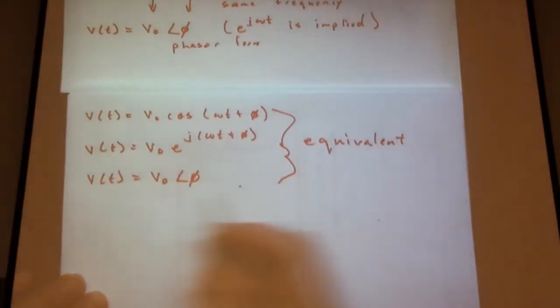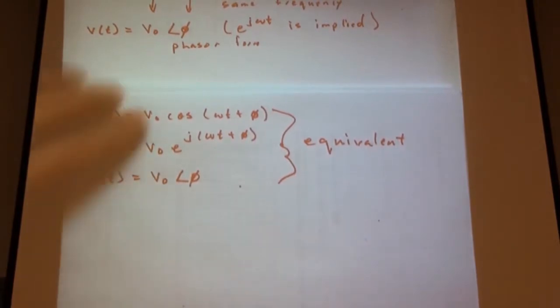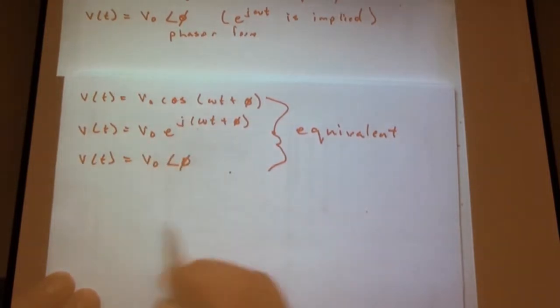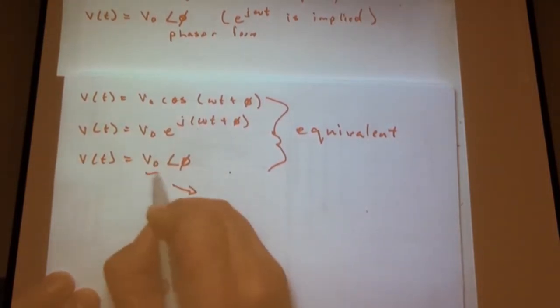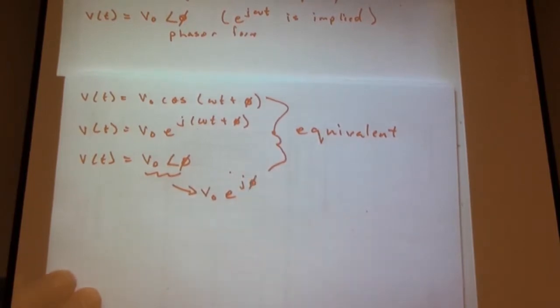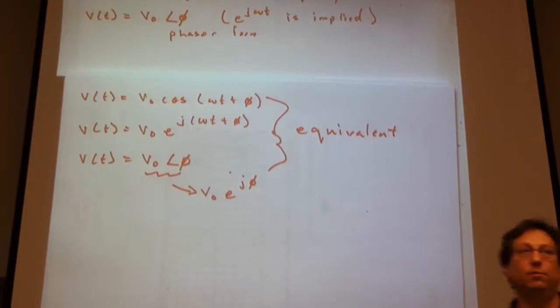With a small adjustment. This is equivalent to e to the j phi. Remember, our e to the j omega t term is implied.